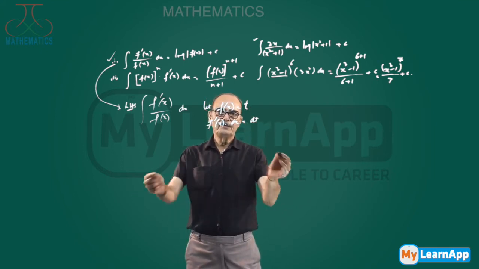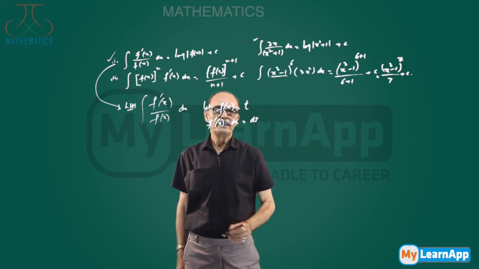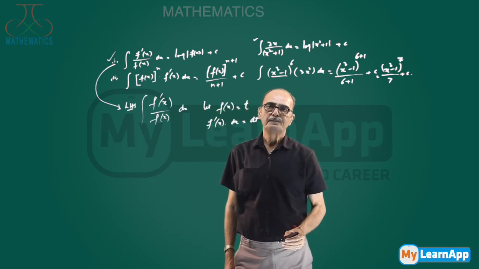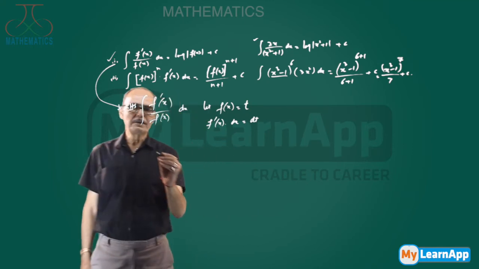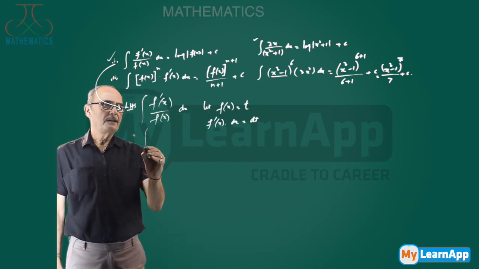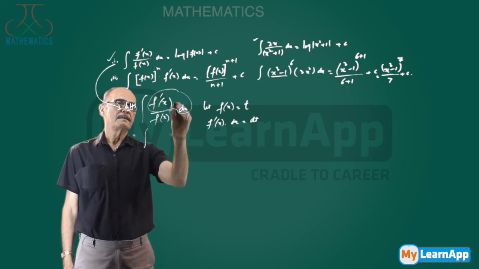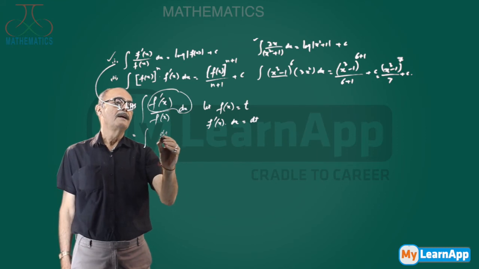Here in this case, we write it as f dash x dx, and the derivative of t as dt.